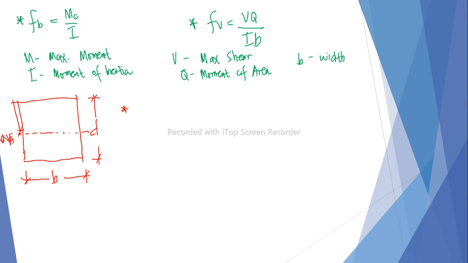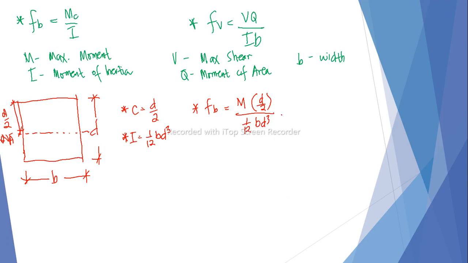Therefore, C is just half of D, or D over 2, for our maximum bending stress. And I is just equal to 1 over 12 BD cubed. So substituting these values for our FB, we have M times D over 2 over 1 over 12 BD cubed.